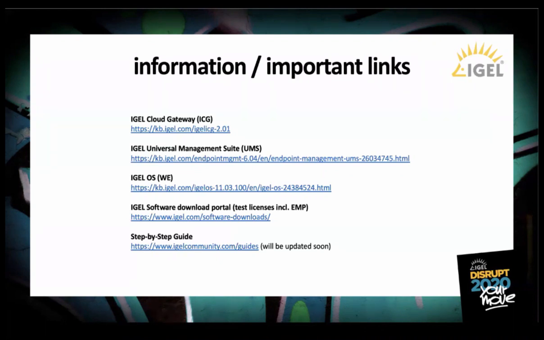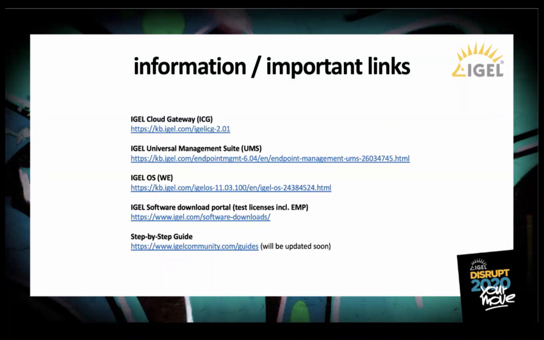Last but not least, I really love the step-by-step guide from the IGEL community. When I joined IGEL in November 18, one month before I started preparing myself to onboard myself, and I went through the whole step-by-step guide, which really worked. We will update it soon.